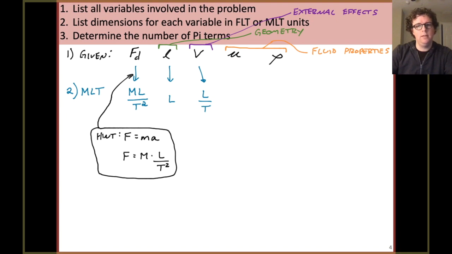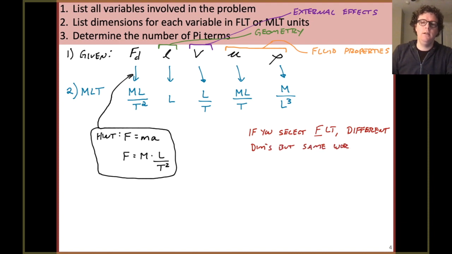Velocity is a length per time. Our viscosity can be represented as a mass multiplied by a length per time. And density is a mass per unit volume. And of course, a volume is a cubic length. So step 2 in Buckingham's pi theorem, not too bad. List out all of the dimensions for each of those variables.